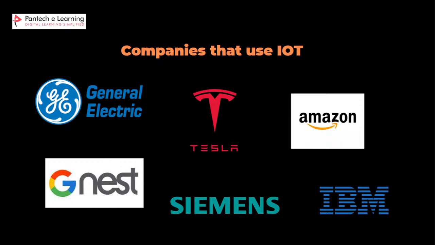And coming to IBM, it uses IoT technology to develop solutions for smart cities and healthcare and supply chain management among other areas. Next, a company which is owned by Google actually produces smart home devices such as thermostats, cameras and smoke detectors, which are all connected to the internet and can be controlled remotely, right?